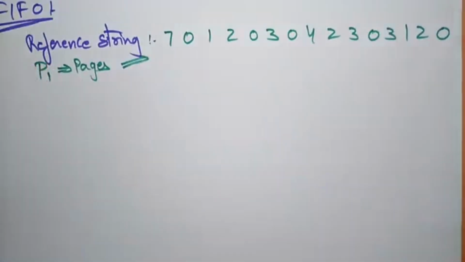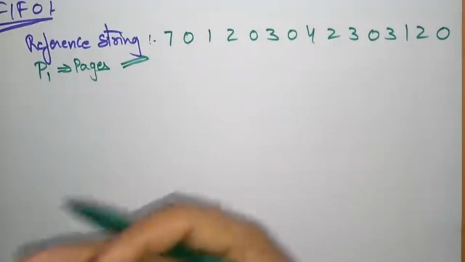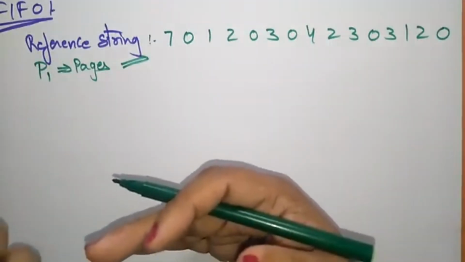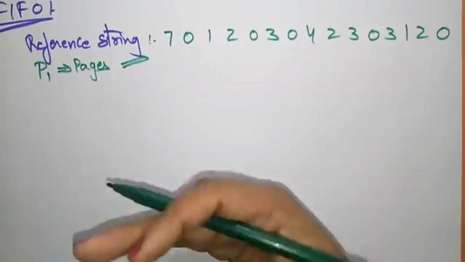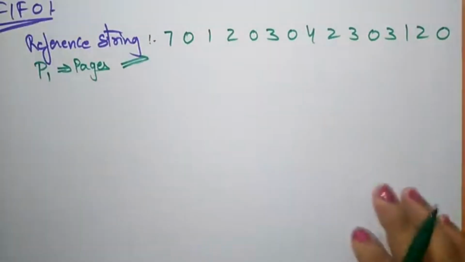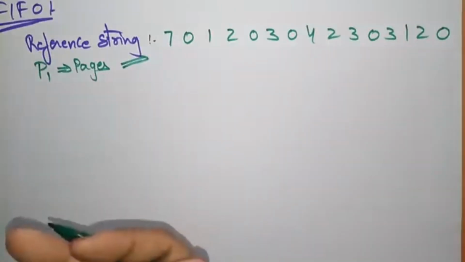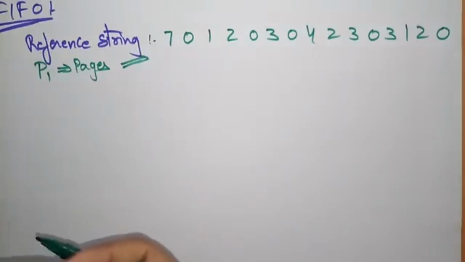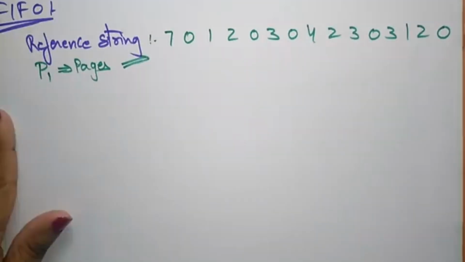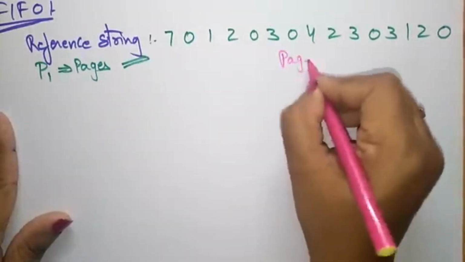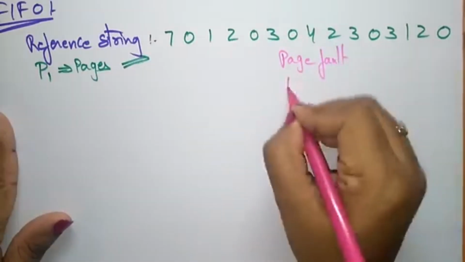These reference pages are the ones that process P1 holds. If page faults are more, then CPU time is wasted, because the disk is slow compared to the main memory. Every time the page is not present, we call it a page fault. If the page is already present, we call it a page hit. So these are the terms you came across while discussing this algorithm: page fault and page hit.